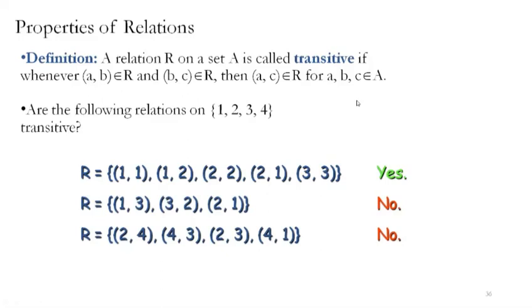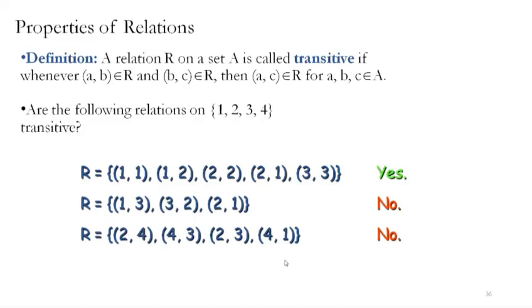So 1 comma 2 and 2 comma 1 are there, and 3 comma 3. So 1, 3, 3, 2. If you remove this 1, 2, do you find 1, 2 in this?